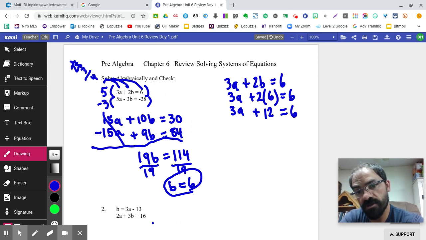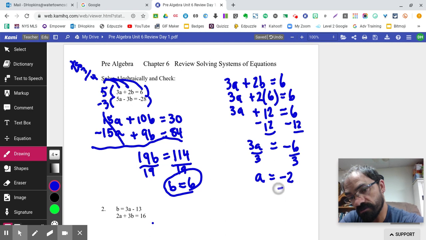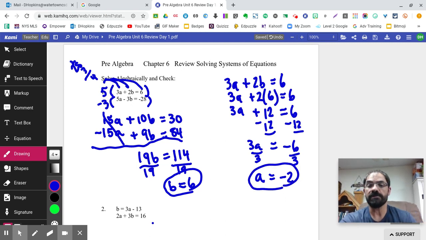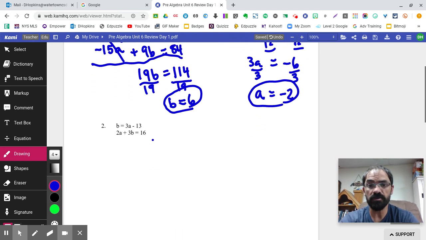Two times 6 is 12. Let's minus 12 to both sides. I get negative 6 divided by 3. A equals negative 2. And that's all I had to do. A lot of work, but you guys are more than capable of doing that.